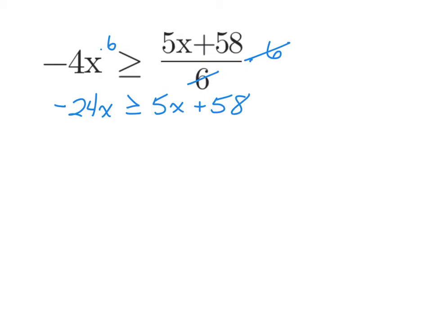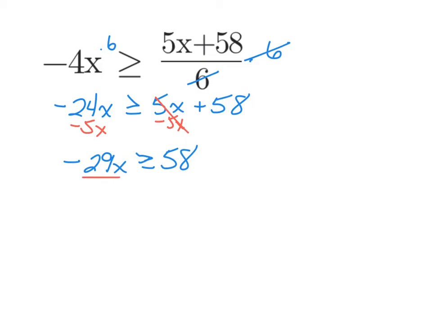We still have x's on both sides, so I'm going to remedy that by subtracting 5x from both sides. And we'll be left with negative 29x being greater than or equal to 58. We don't have to worry about switching the inequality because we didn't multiply or divide, we subtracted. But now we're going to divide.